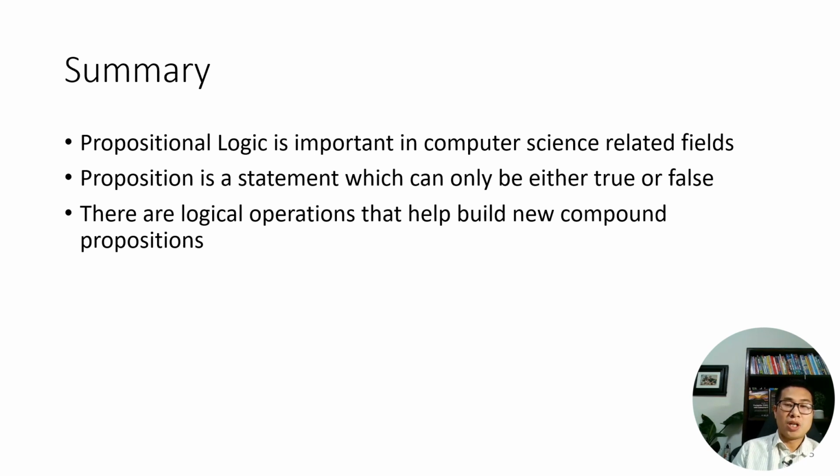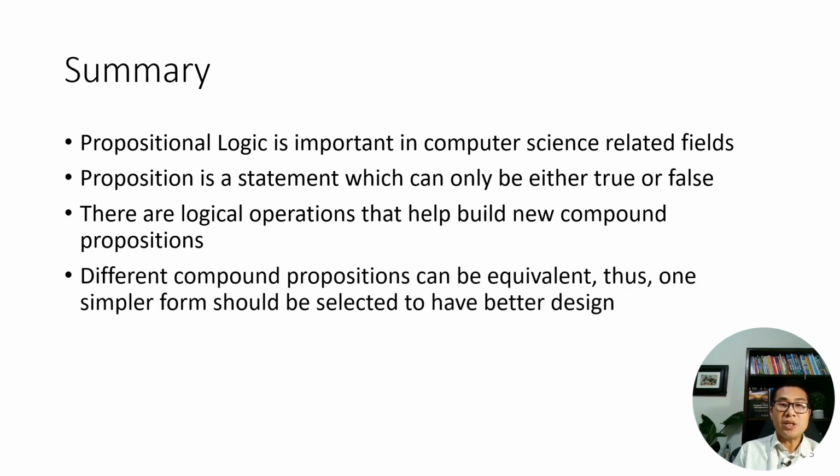Then there are logic operations that work on propositions, similar to how a computer needs to operate on bits with true or false values in order to perform computations such as addition.